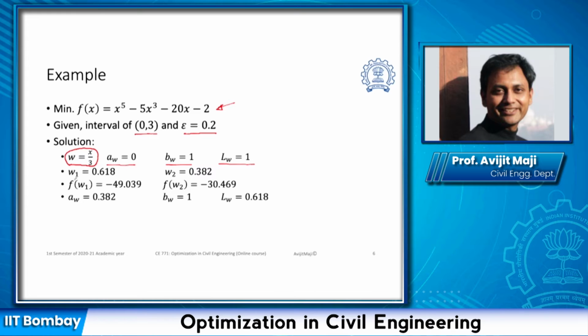Then we estimate the first point W1, which is 0.618, and W2, which is going to be 0.382.